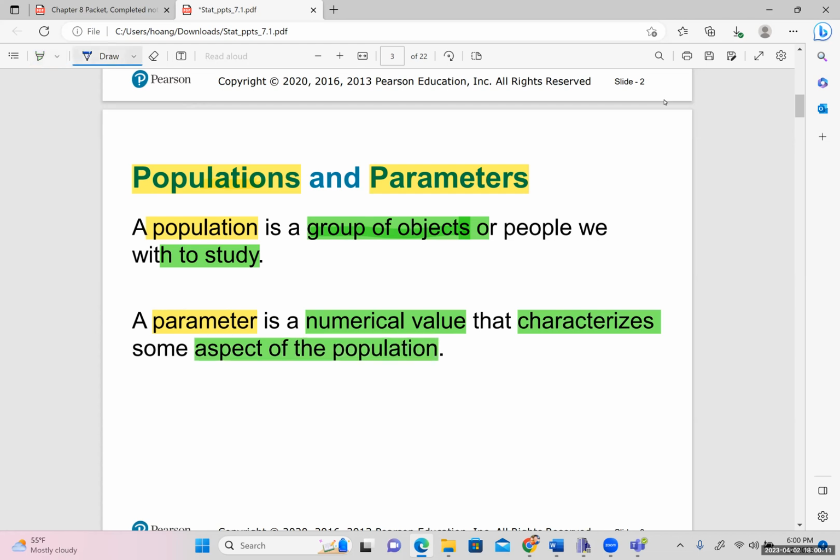For example, if I talk about the average, the average in samples is labeled by x-bar, which is the sample average, or we call it the sample mean. For parameters, it is the population average or population mean.